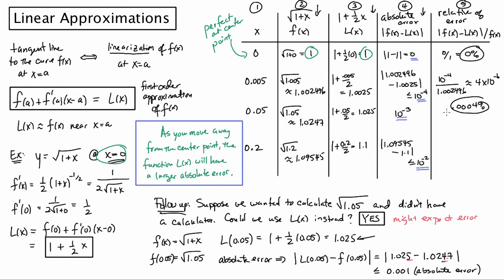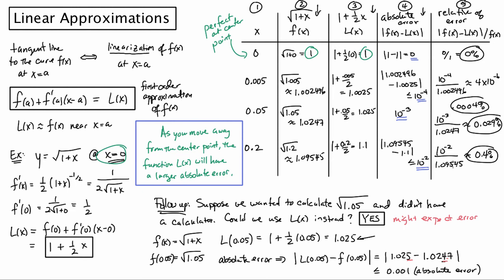For the 0.05, it would be 10 to the negative 3 divided by 1.0247. And that is approximately 0.029%. And then finally for this last one we get 10 to the negative 2 divided by 1.09545, and that is approximately 0.4%.